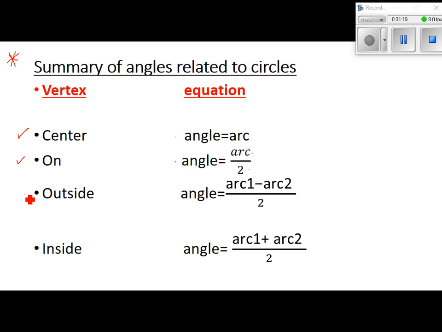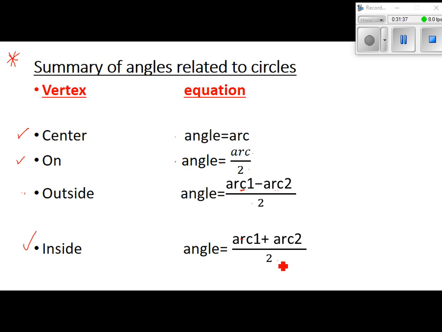If the vertex is outside the circle, you subtract the two arcs and divide by 2 to get the angle. If it's inside the circle, we add the two arcs and divide by 2.